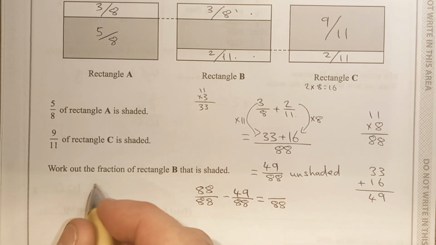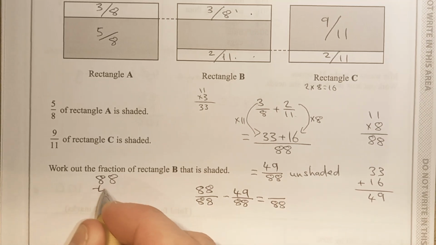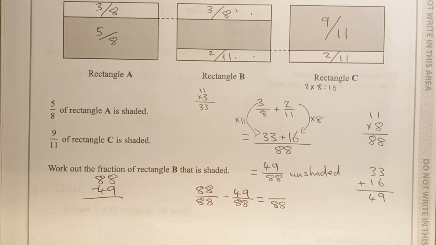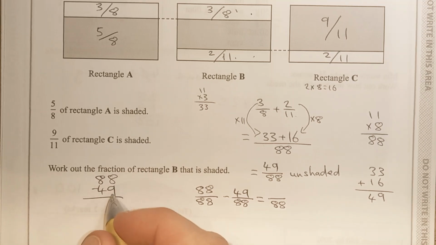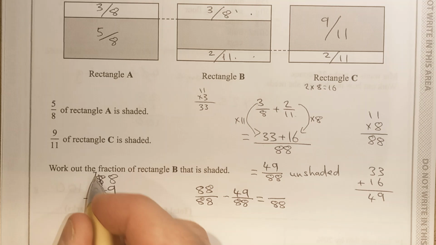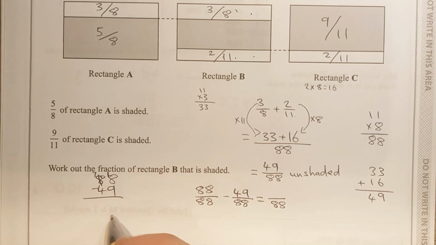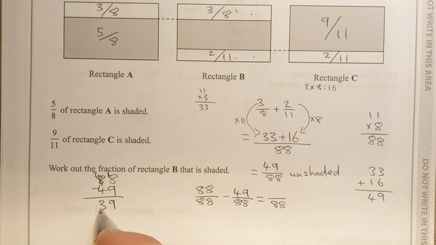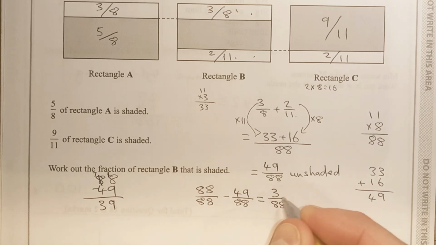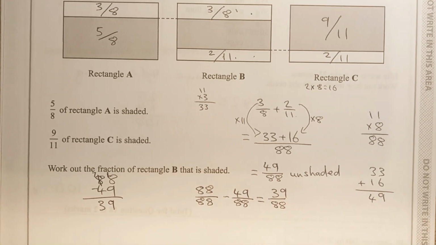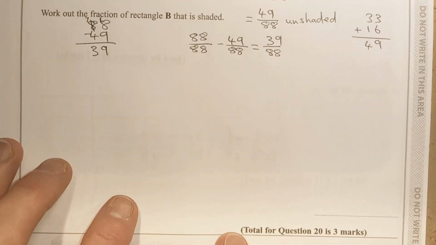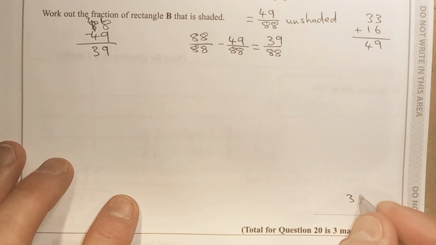We want 88 minus 49. 8 minus 9 we can't do, so reduce that by 1 and make that 18 minus 9. So 18 minus 9 is 9. 7 minus 4 is 3. So we end up with 39 88ths. I can put that down here.